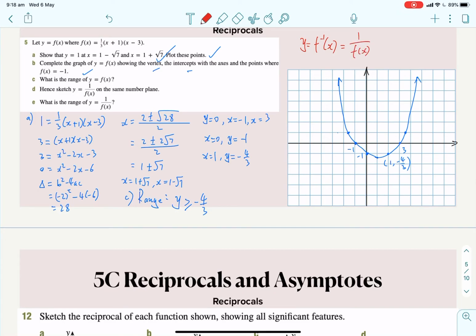That means any intercept on the x-axis will become a vertical asymptote. So this is the asymptote here, and this is the asymptote here. Okay, you've got these two asymptotes.